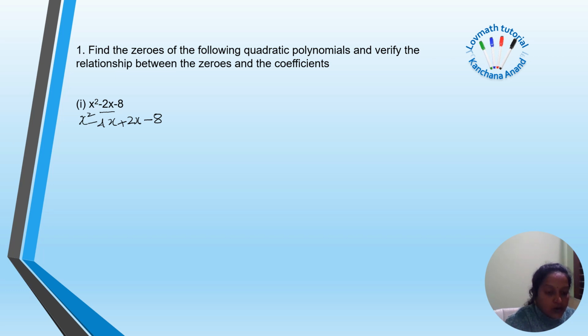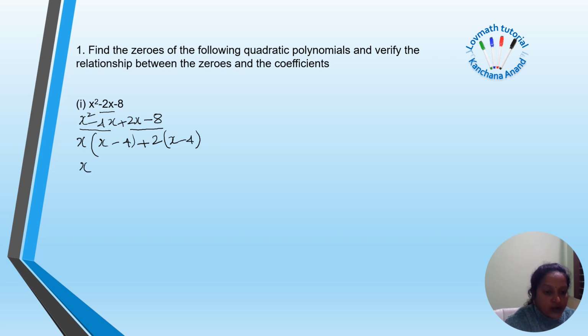Now let us separate this into two parts. Here we'll take x as common, that is x into x minus 4. Here 2 as common and this becomes x minus 4.